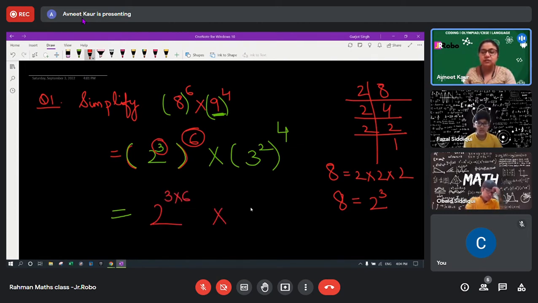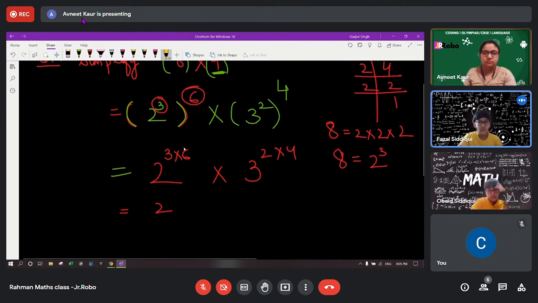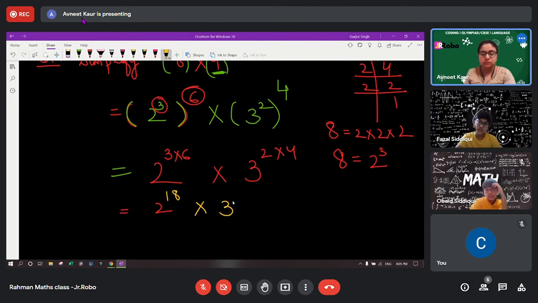And similarly, 2 raised to power 18, and 3 raised to power 8. And that's your answer. No need to solve it further because you can't solve 2 raised to power 18. That's way beyond.